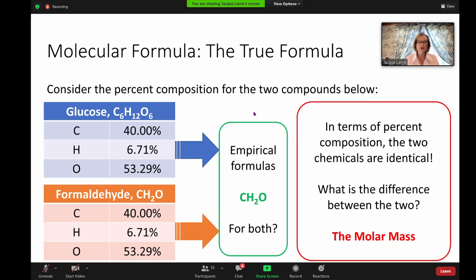If you look at glucose, which is C6H12O6, and formaldehyde, which is CH2O, the mass percent of carbon, hydrogen, and oxygen is exactly the same. So in terms of percent composition, these two compounds are identical, but clearly they're very different compounds. The difference between the two is the molar mass.